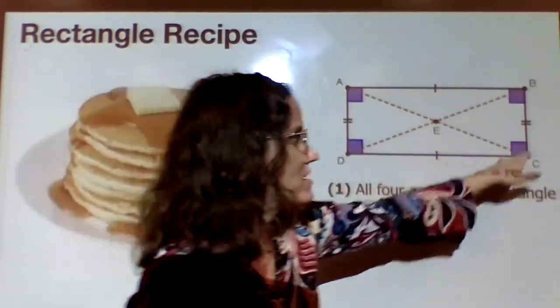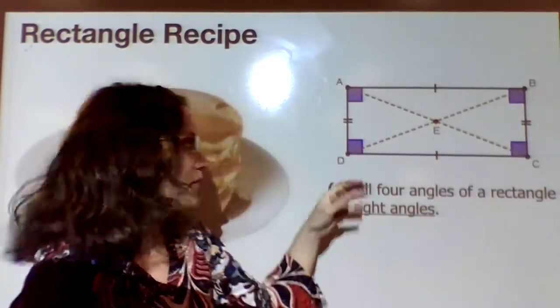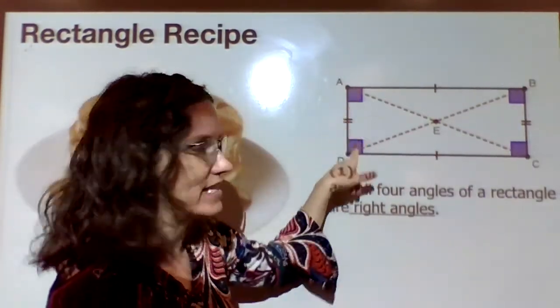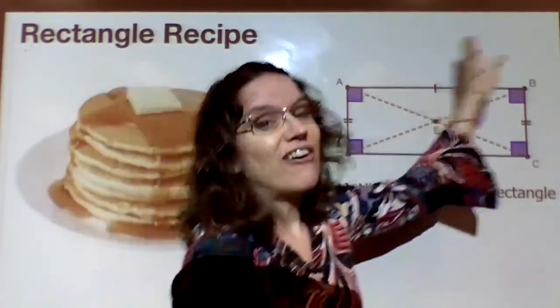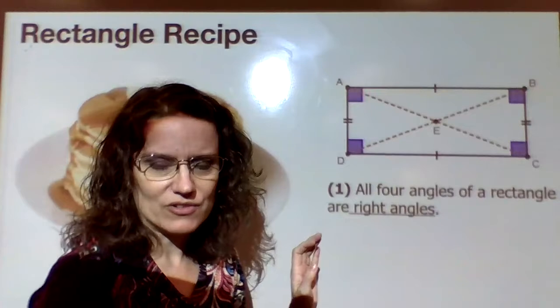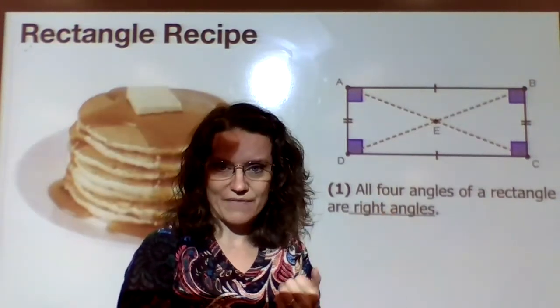So all 4 of these are right angles. And because of our property from parallelograms that said adjacent angles had to be supplementary, that's why if one is right, all 4 of them have to be right angles. So a rectangle is your parallelogram with extra stuff on top.